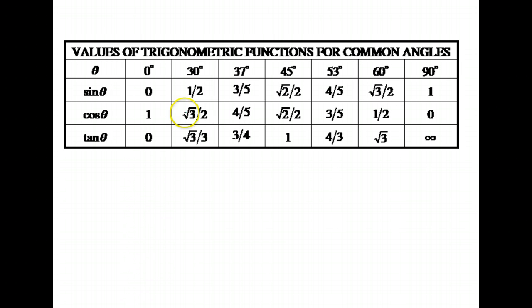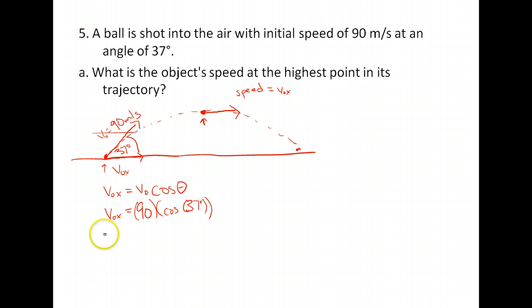Well, the cosine of 37 degrees is 4/5. So if we come back here, that would be 90 times 4/5. So that is 360 over 5. All right, and so that gives us a speed of 72 meters per second.